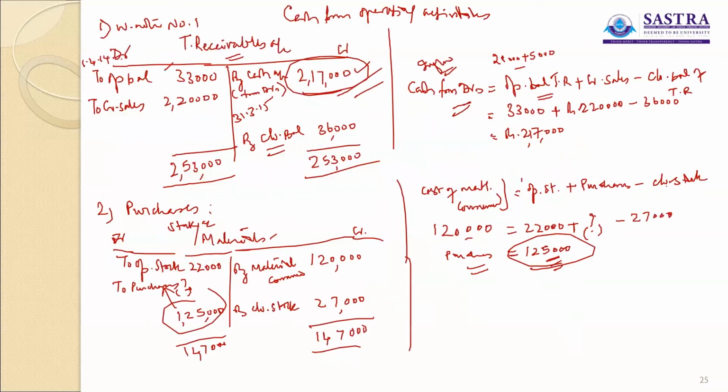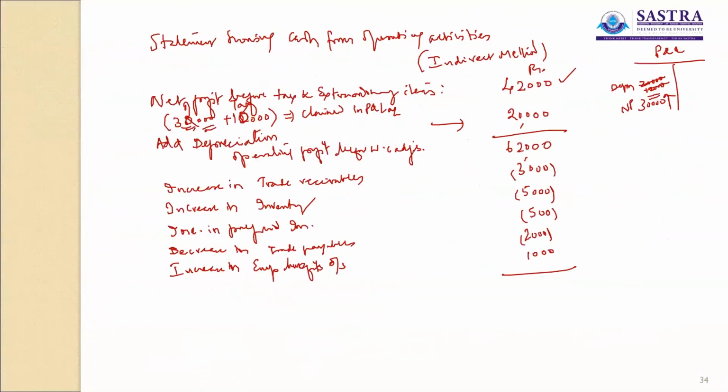So all these 5 items have been given effect. So now your cash from operating activities before income tax should be 52,500.